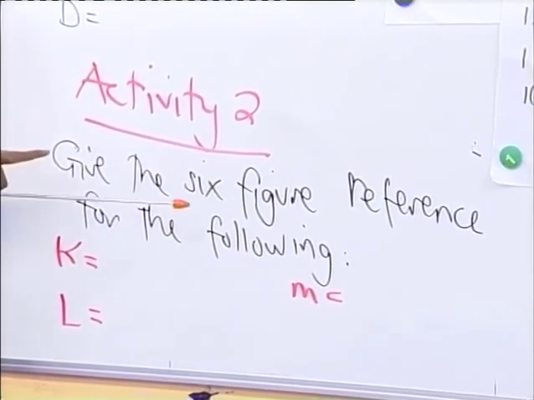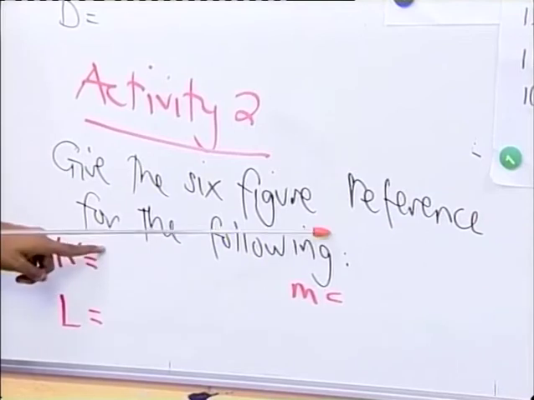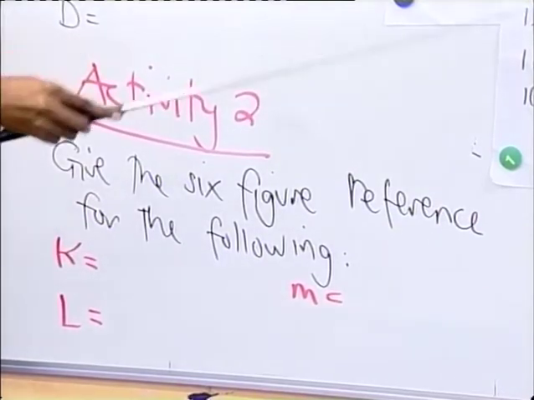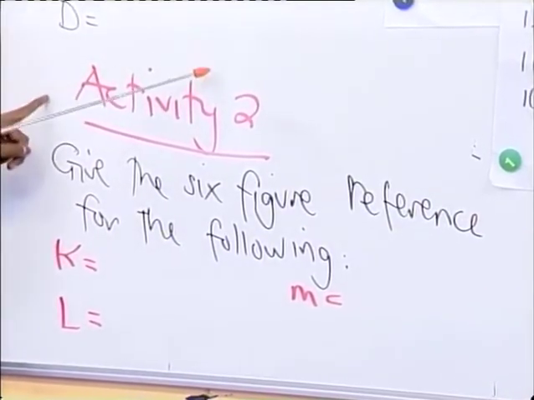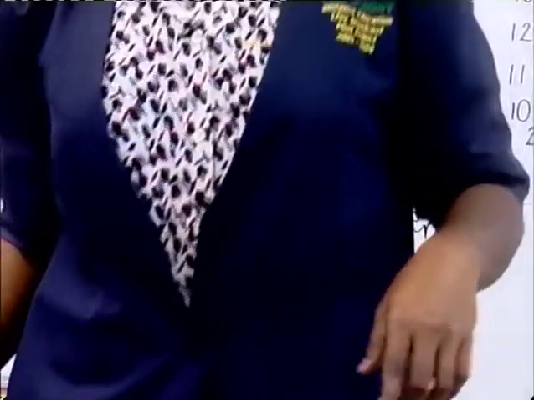Activity 2, you give the six-figure reference for the following, K, L, M. You use this chart here and you work out your answers. Please, if you are not sure, put your hands up and we'll come and help you.